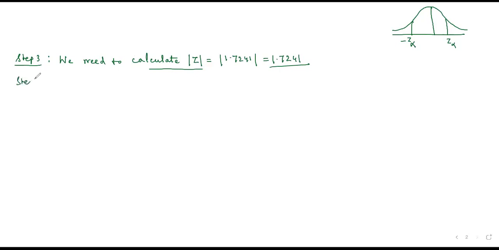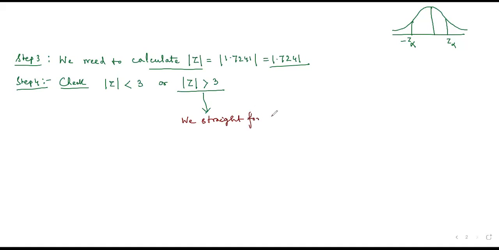Step number 4 is saying that you check whether the absolute value of Z is less than 3 or greater than 3. Now, if mod Z is greater than 3, then we straightforwardly reject our null hypothesis.